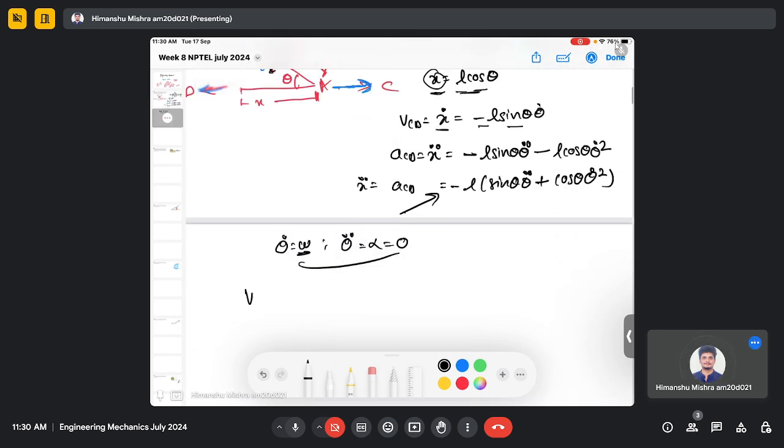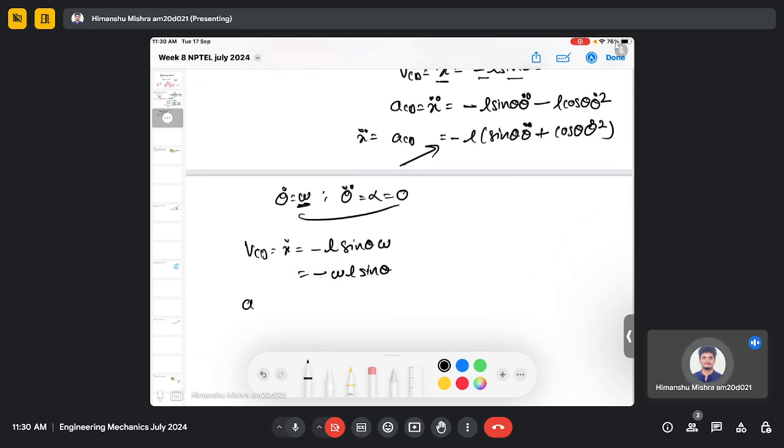So it will be VCD equals X dot equals minus L sine theta omega, so it will give me minus omega L sine theta, and the acceleration will be minus L sine theta times 0, because there is no angular acceleration as the angular velocity is constant, so I will have cos theta omega square.